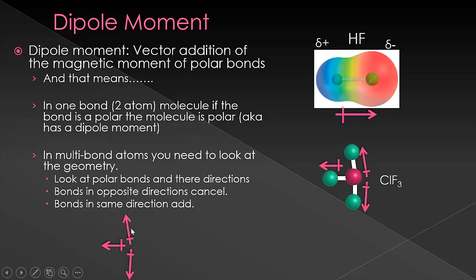The up and down, vertical part cancels, and then this whole horizontal part doesn't have anything that cancels it. So the total overall dipole moment will be this way. So ClF3 is still a polar molecule, and we can draw the dipole moment going in this direction.